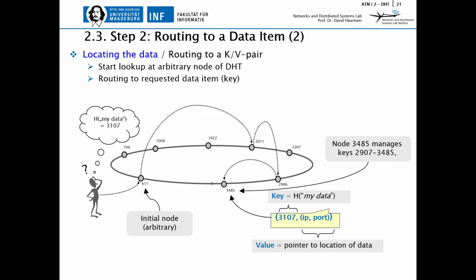And so the node with ID 3485 then stores the particular key value pair, in this case the number 3107 as key, and then as a value either the data item itself or a pointer to the location of the data, for example an IP address and port number of a node where the actual data item can be found.